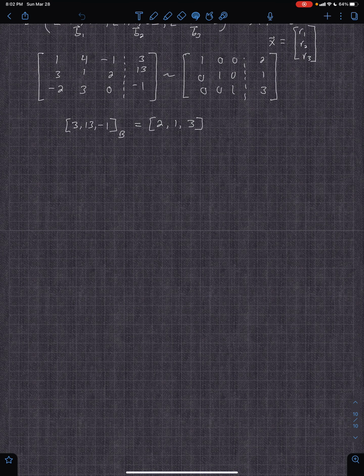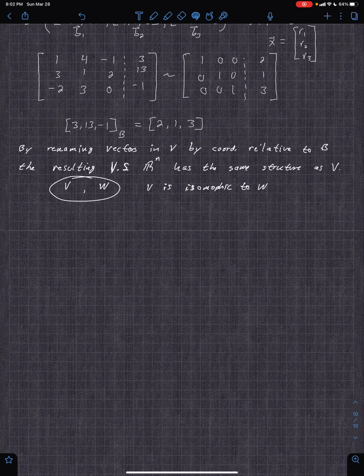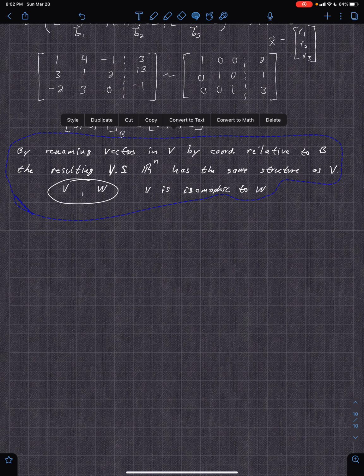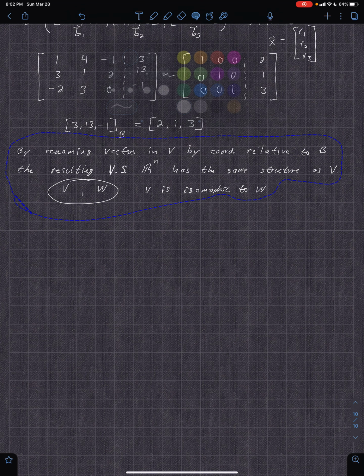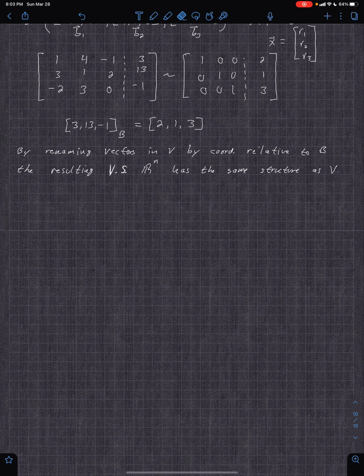So just for the sake of discussion, you're essentially renaming the vectors corresponding to those r's, those coefficients, relative to B. The resulting vector space in Rn is what you end up getting, and it has the same structure as that given vector space.